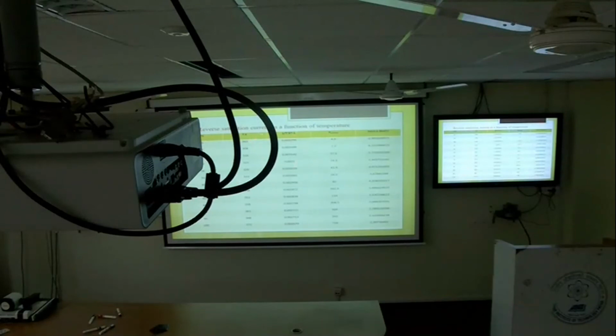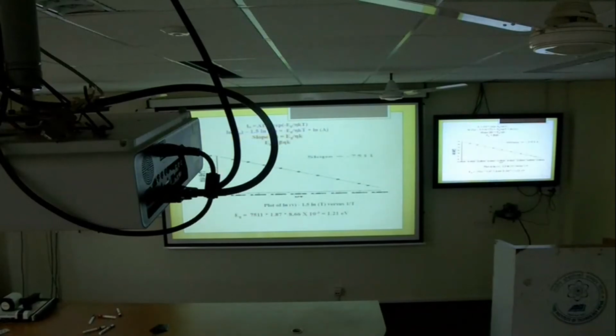So 1 by T, K. And also we note down the voltage across 470 kilo ohm, and we have an equation which I showed you earlier. Just have the value of this and plot it on this side. So this is on the y side and the 1 by T on X side. So you will get the band gap of this one.